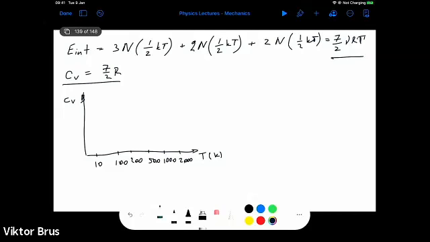So for the diatomic ideal gas, its Cv, the specific heat capacitance at constant volume, will not possess just a single value for the whole temperature range. It will change with several steps.